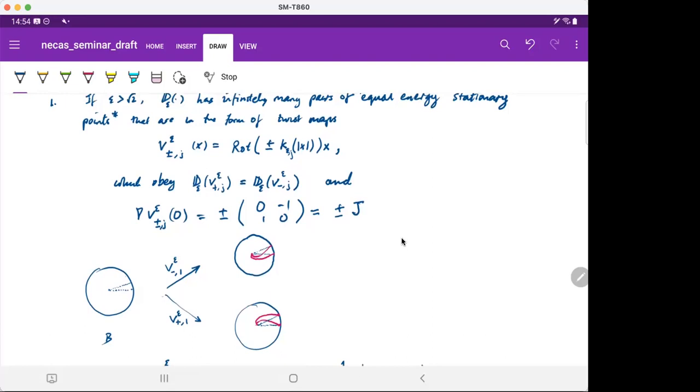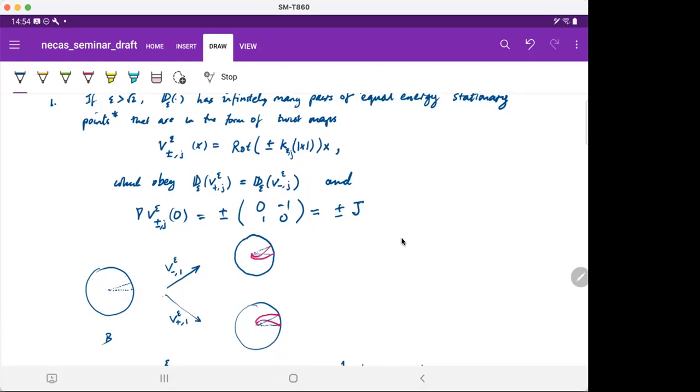So in this, again, another cartoon, but it's just showing you what happens to a sector inside the ball B on the left there. So the sector gets mapped to this twisted sort of curvy red shape, and which way you twist depends on whether you have a minus or a plus. So they have equal area, so the same area, but one gets twisted one way and one gets twisted the other, and it just looked like a buckle.